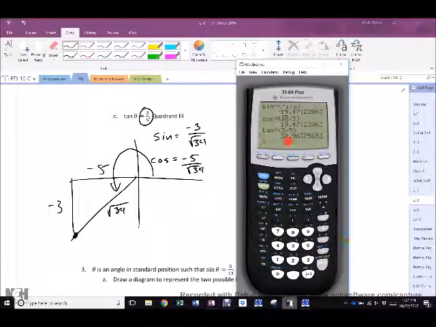Crap, that didn't give me more than 180. Okay. Shift sine -3 divided by root 34. Well, this will obviously give me more than 180. Shift cos. Cos will give me the right answer.